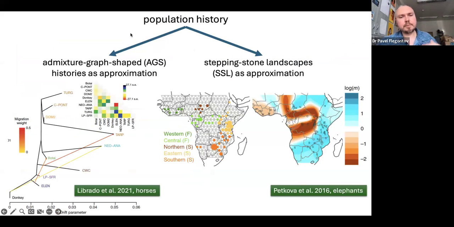But in the previous paper, we looked at the data from the perspective of admixture graphs. And admixture graphs are very common in the literature, a very common way of thinking about population history.